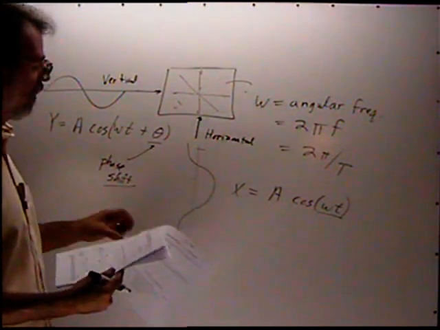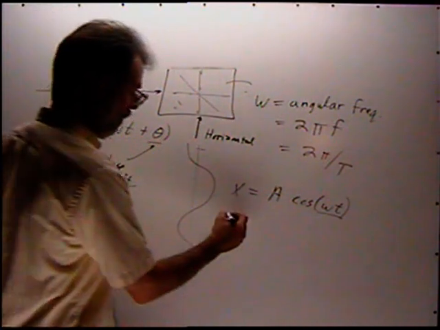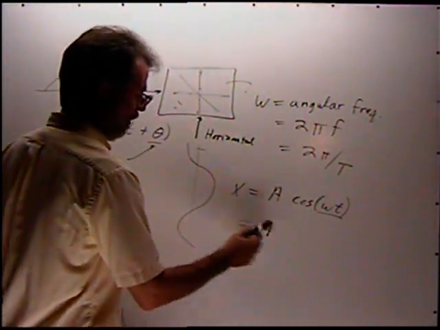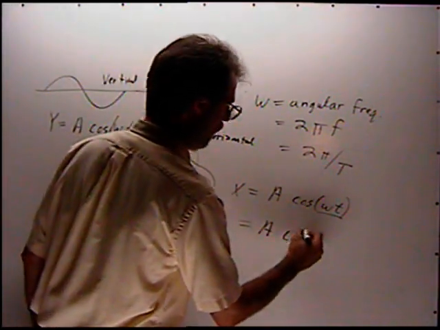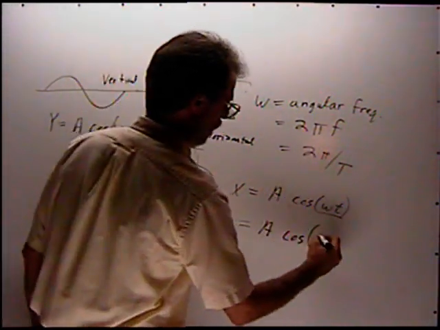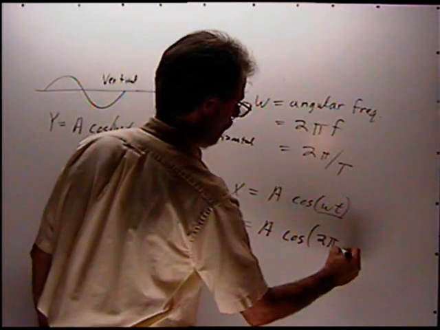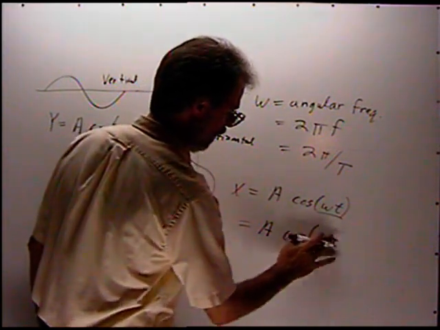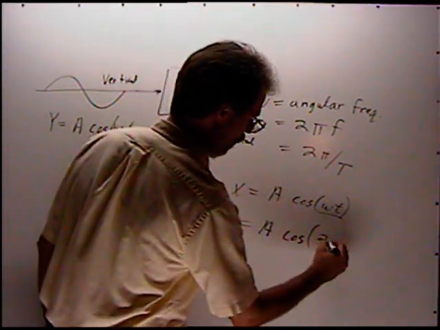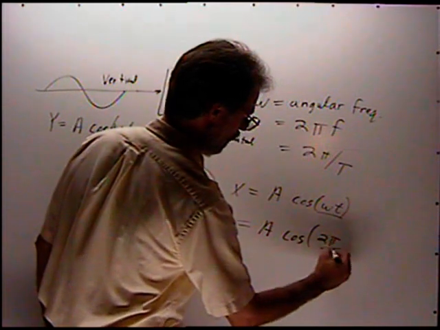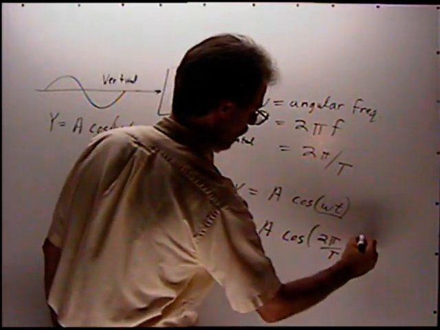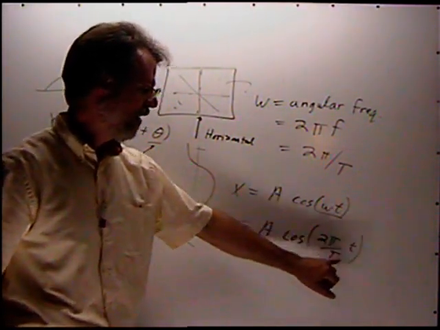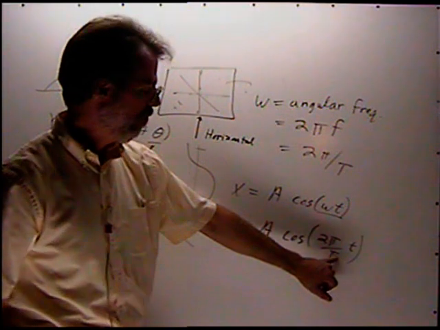So basically, if we would rewrite this signal, it would be the amplitude times cosine of 2 pi times the frequency, and I can say it's 2 pi over the period times t. So notice I have t, the time, divided by the period.